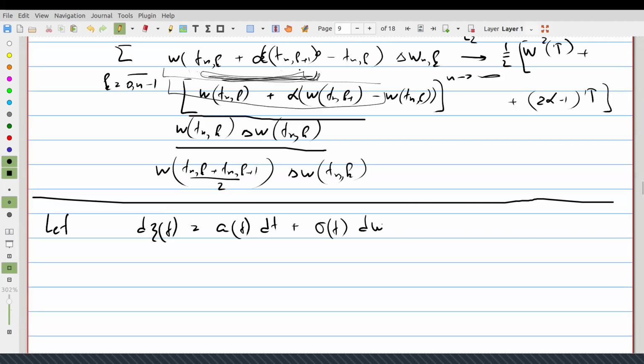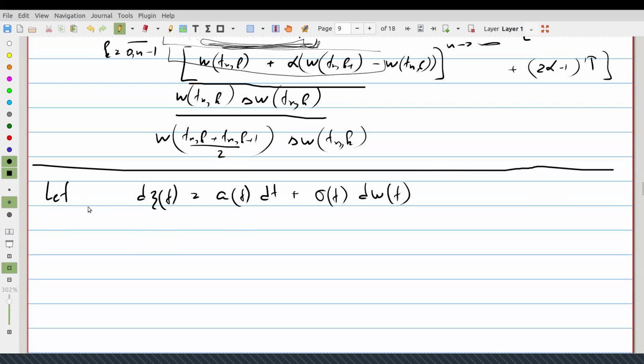So we consider a progressive process that admits such a representation as the sum of two integrals. So here A, sigma are progressive.